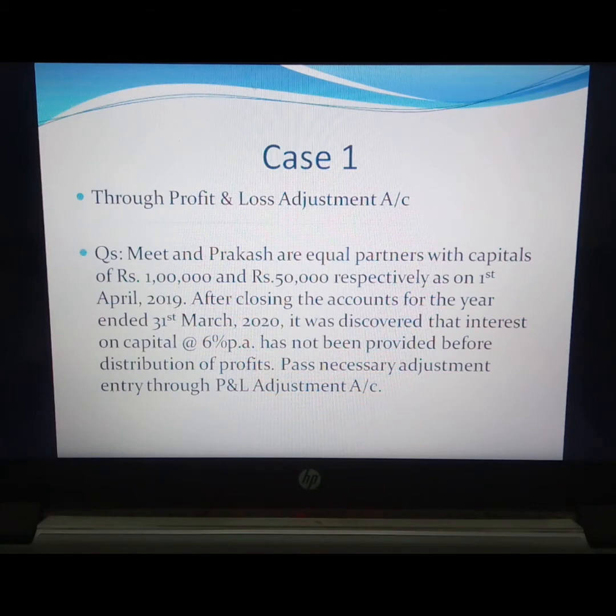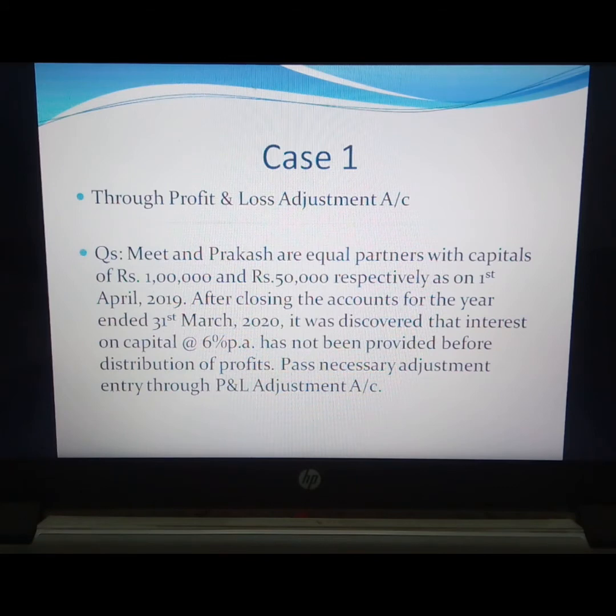Pay attention on the dates as well. Now, after closing the accounts for the year ended 31st March 2020, it was discovered that interest on capital at 6% per annum has not been provided before the distribution of profits. Pass necessary adjustment entry through profit and loss adjustment account.